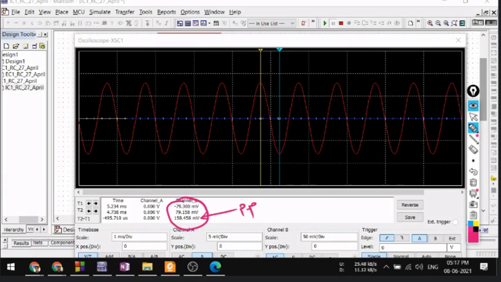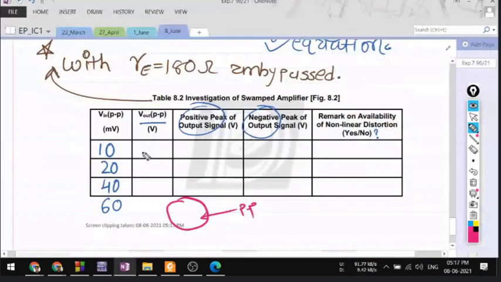Here you can see, student, negative is minus 79.3, positive is 79.158. Okay, almost the same. So here you can write down. How much peak to peak did you get?